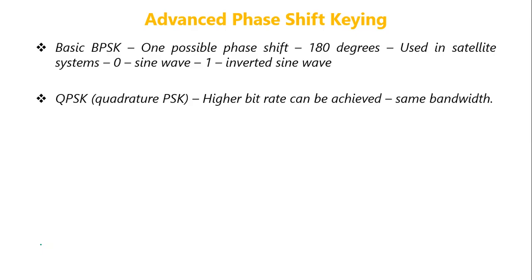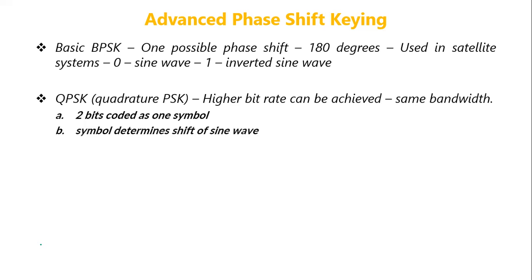Two bits can be transmitted at the same time, whereas in binary phase shift keying, only one bit can be transmitted at a time. But using quadrature phase shift keying, you can transmit two bits at the same time. That is called two bits coded as one symbol.